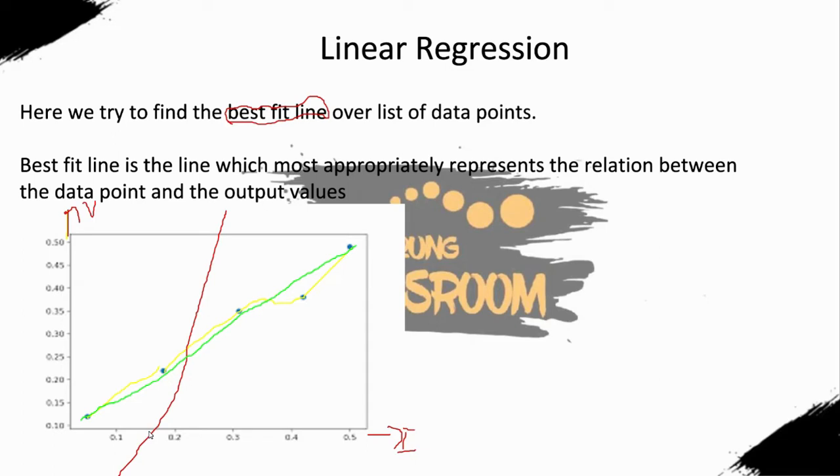Or this line also. Since you need a slope, which is only a characteristic of a line, you need a line. And so in linear regression, we estimate all our attributes to have a linear relation with the predicted output.